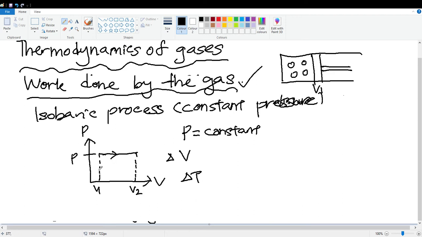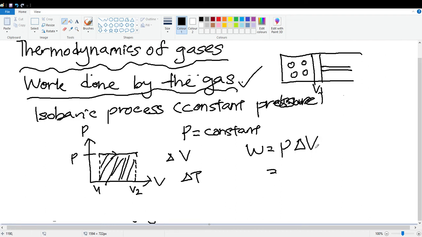So the work done is the area under the graph. We can conclude that our work done is P times the change in volume.